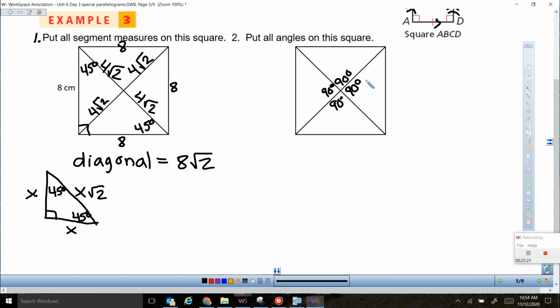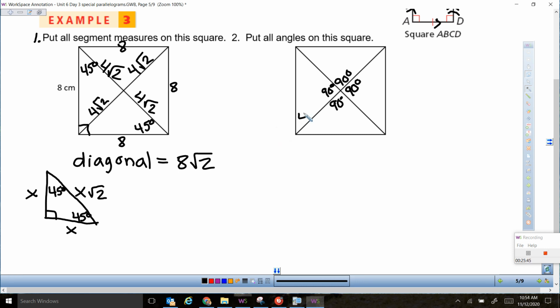And then we know that the diagonals bisect the opposite angles. So if the diagonals bisect the opposite angles, well, first of all, what is this entire angle down here at the bottom? 90, and if the diagonal bisects it, what's half of 90? 45.